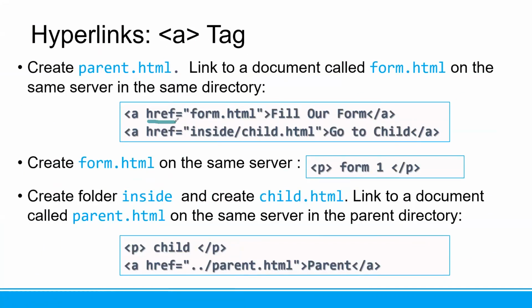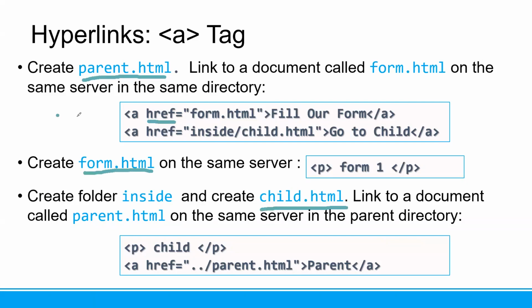We call it href. Now, I would like to create three kinds of files. I would like to create a parent.html, and then I'm going to create form.html, and I'm going to create child.html.